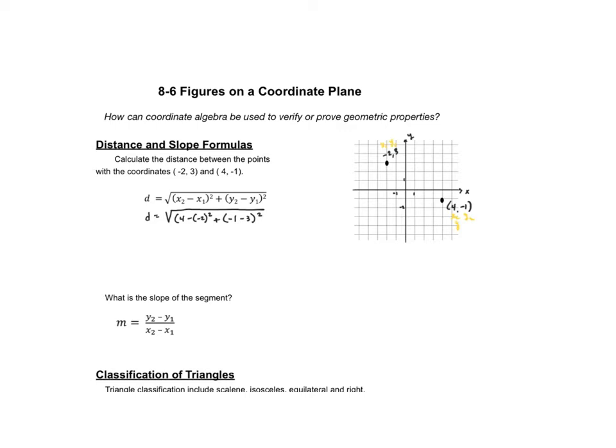And then we substituted into our formula, and that's how we came up with the square root of (4 minus -2) squared plus (-1 minus 3) squared.